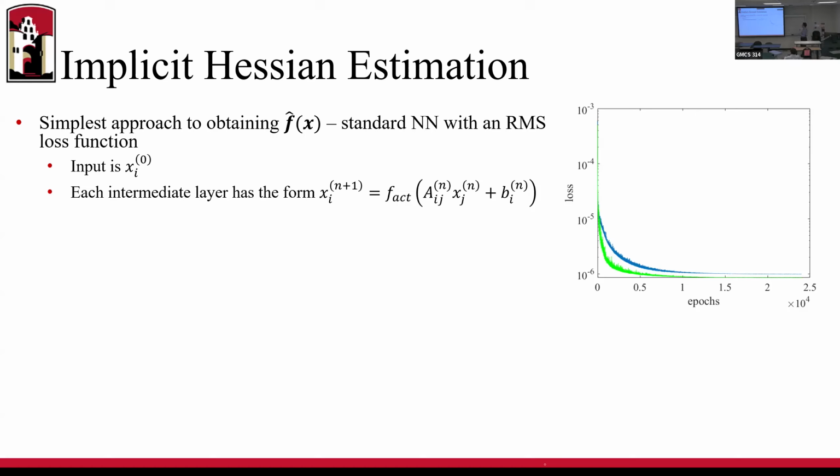So each intermediate layer has the following form. The new x is going to be equal to the old x multiplied by a matrix of coefficients which we need to determine, plus an offset which we also need to determine, and that is going to be the argument of an activation function, which is usually preset.